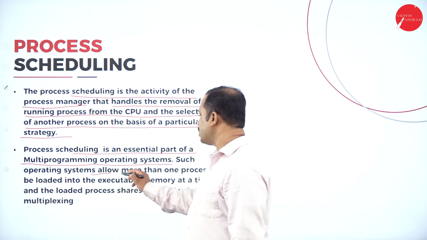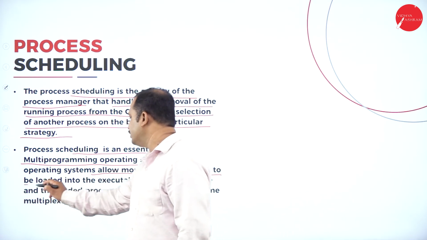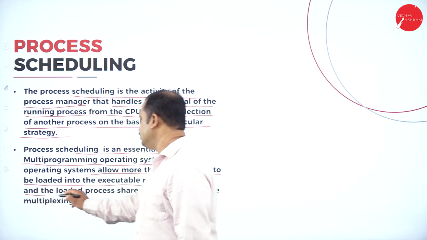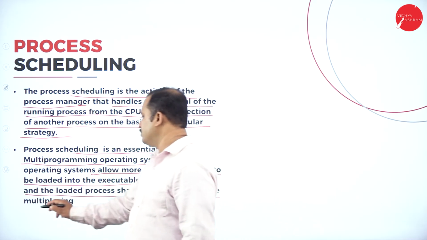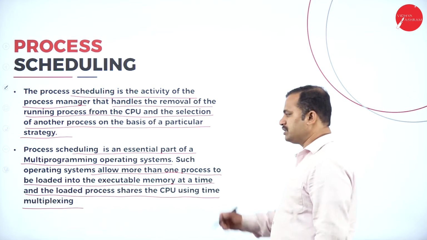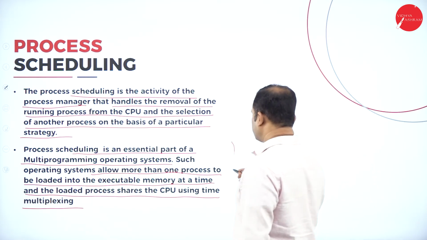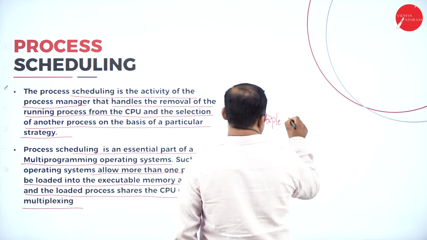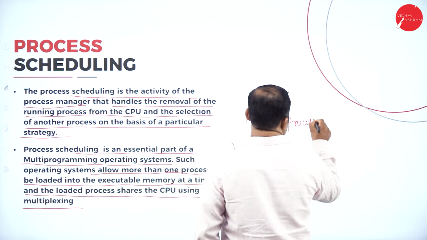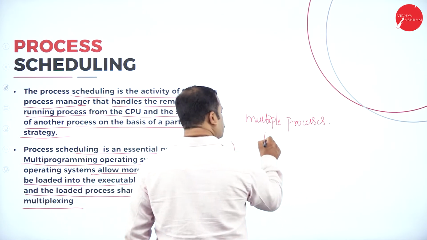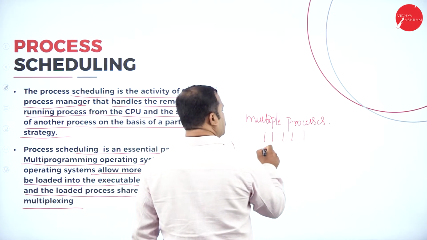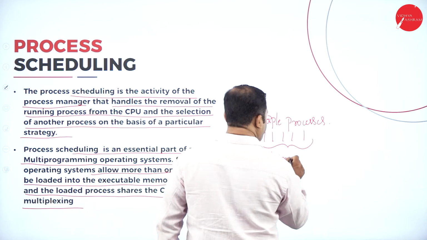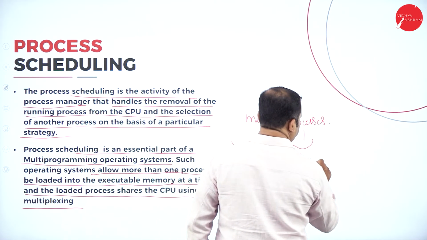Such operating systems allow more than one process to be loaded to the executable memory at the same time, and the loaded processes share the CPU using time multiplexing. As I told you, suppose there are multiple processes, each of these processes can be used for execution of multiple programs.